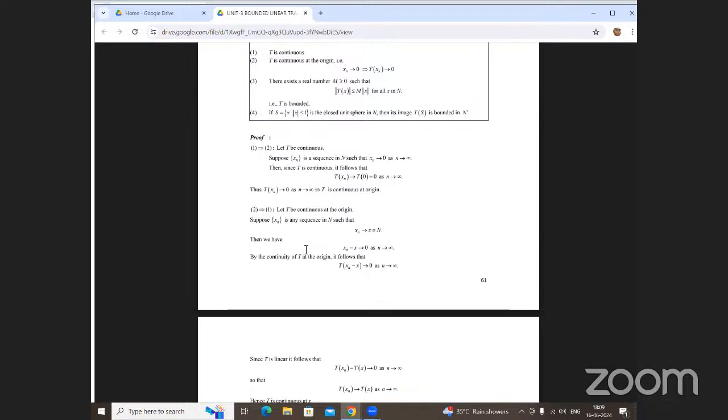2 implies 1. First of all, take any sequence xn in N, with xn converges to x belonging to N. Applying minus x on both sides, xn minus x converges to x minus x, which means 0. Applying the transformation, T of xn minus x approaches T of 0.